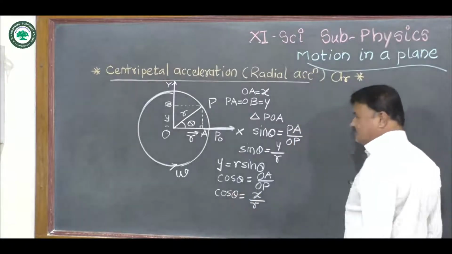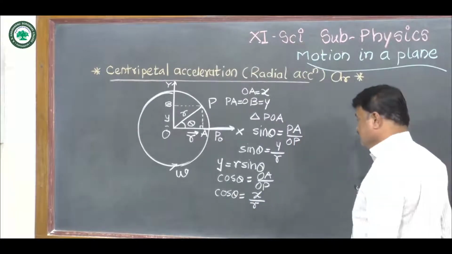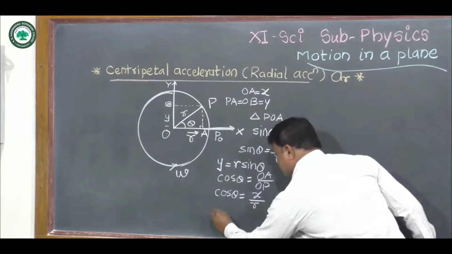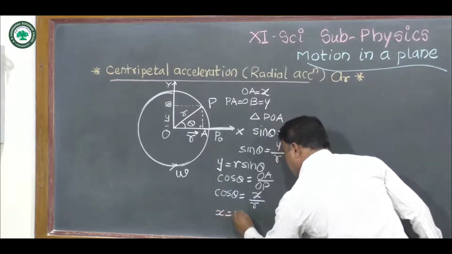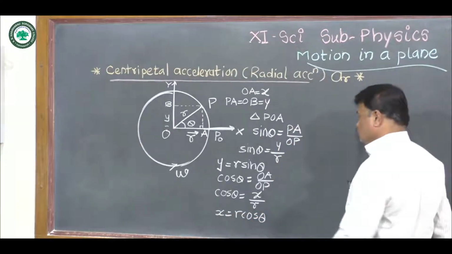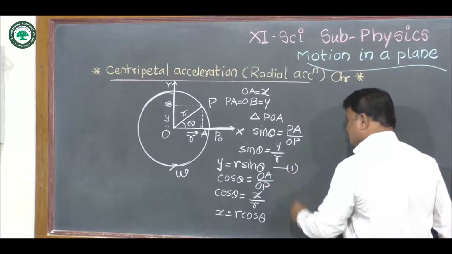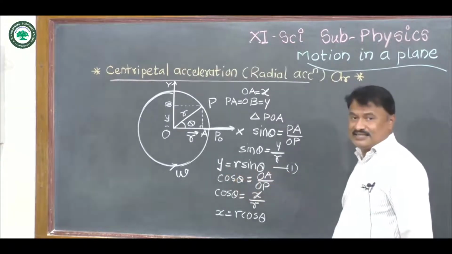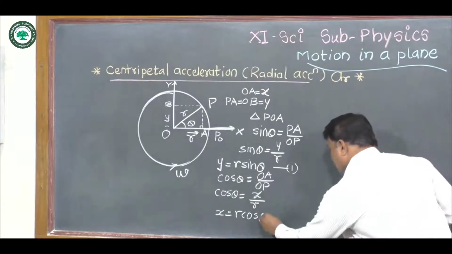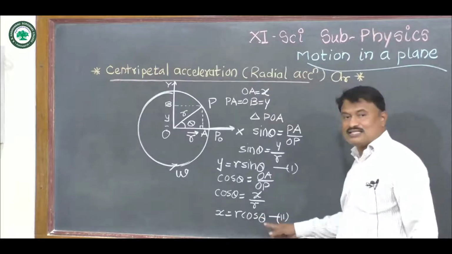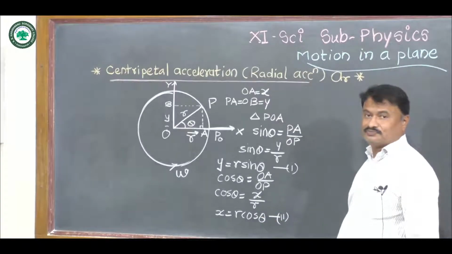So cos theta is equal to x upon r. Similarly, by rearranging this, we get x is equal to r cos theta. So y is equal to r sin theta is equation 1, and x is equal to r cos theta is equation 2.